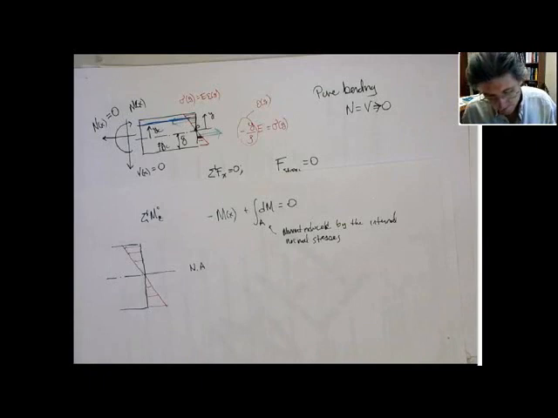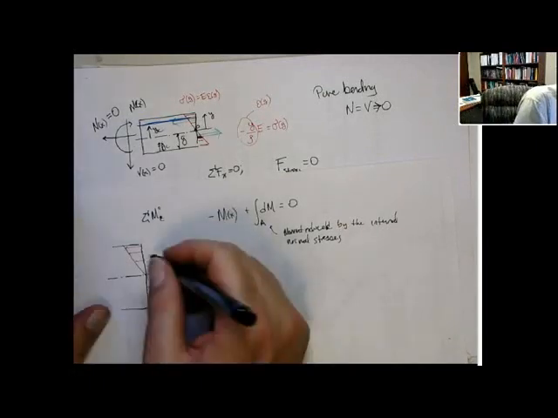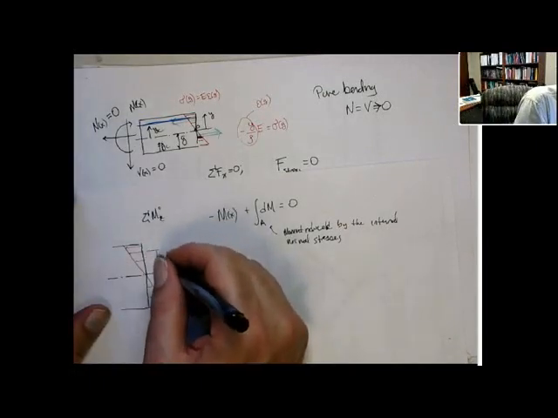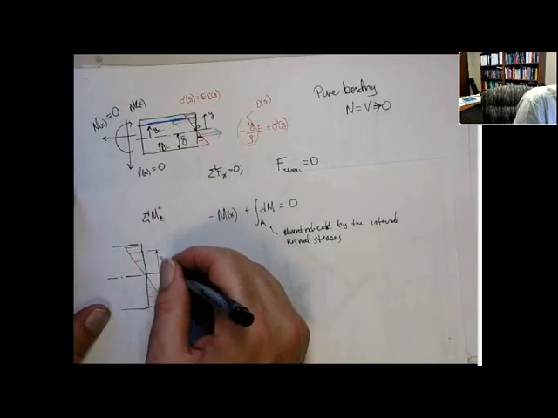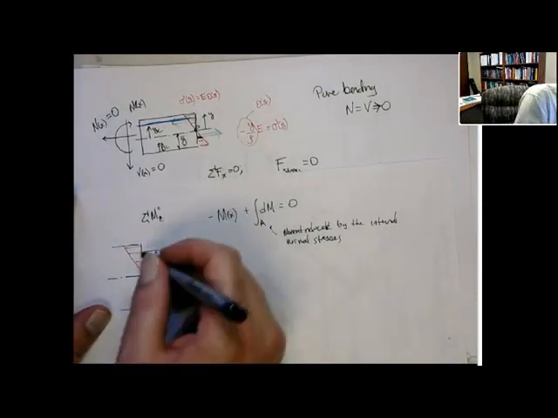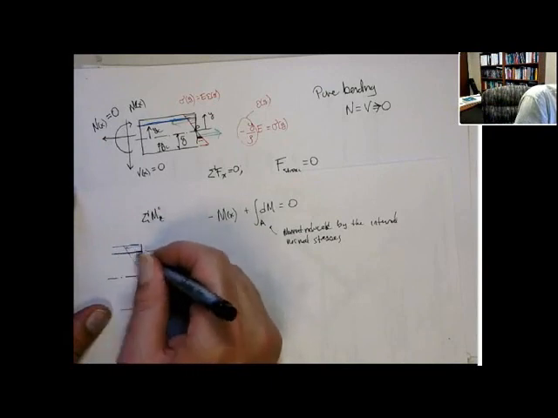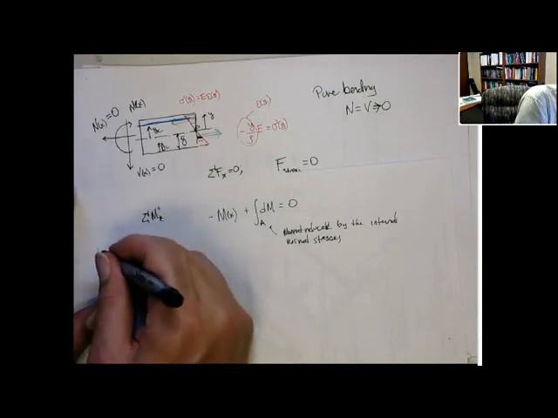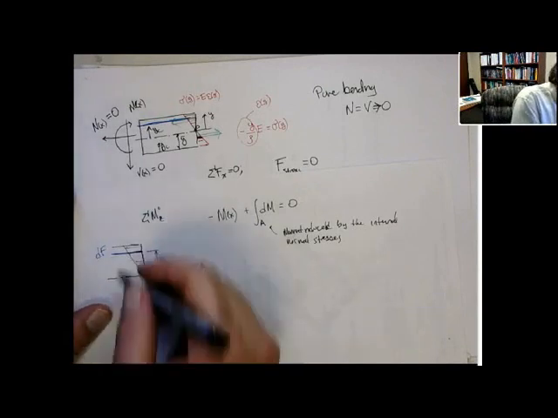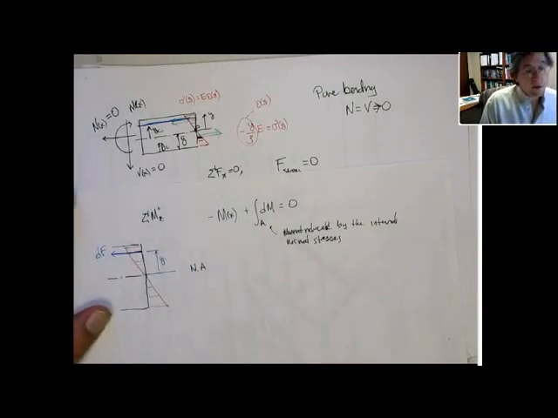Let's just look at some point y, the positive location y. There is a differential force in the x direction. That's the differential force from the normal stress at that point.